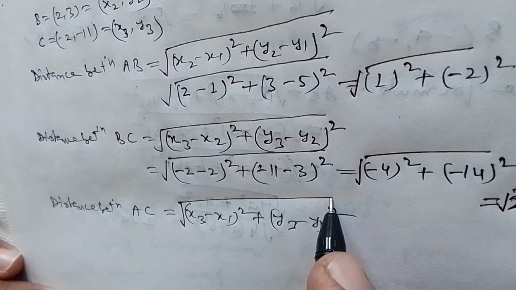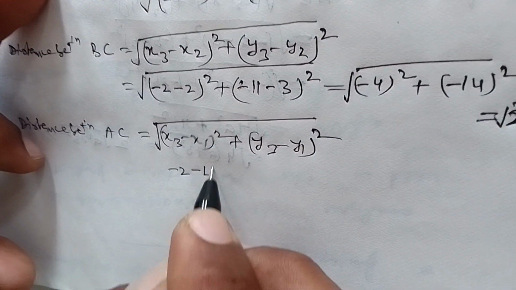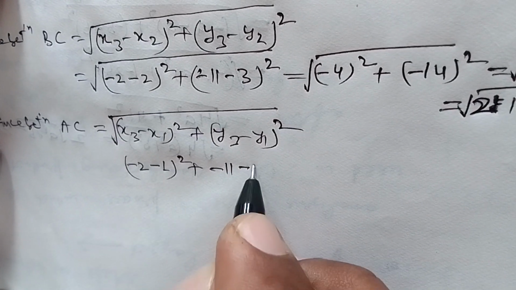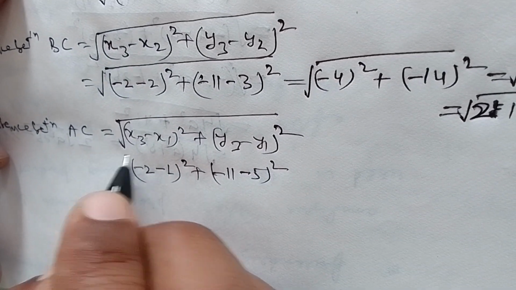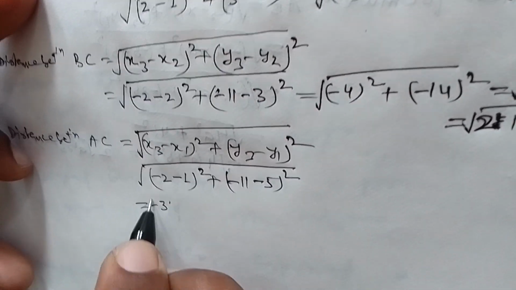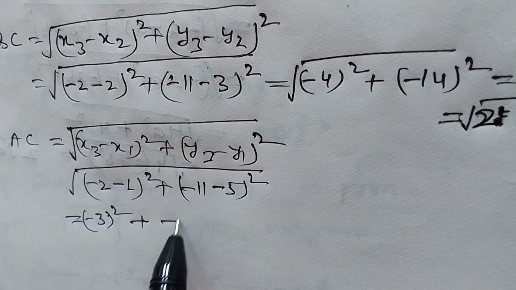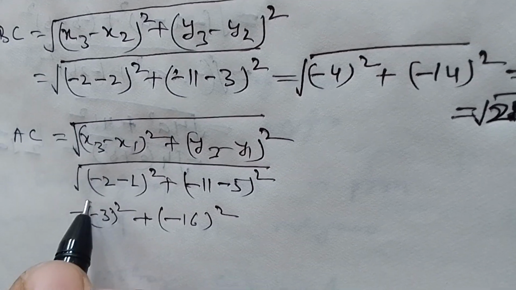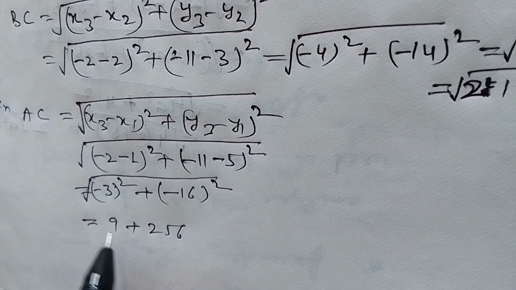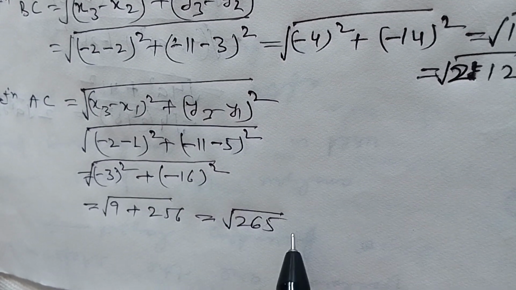By putting the values, x3 is given as minus 2, x1 is 1, minus 3 square, plus y3 is minus 11 and y1 is 5, minus 16 square. So on further simplification it comes out to be 9 plus 256 under root, which on summing comes out to be 265 under root units.